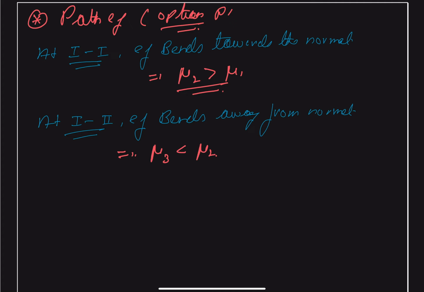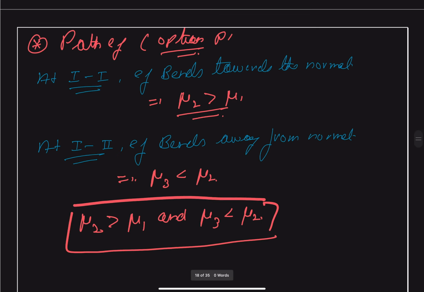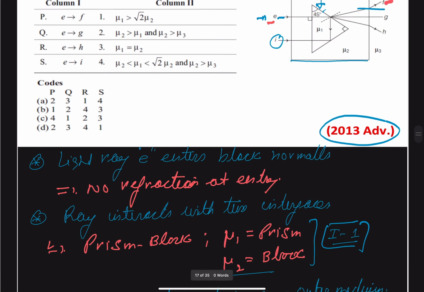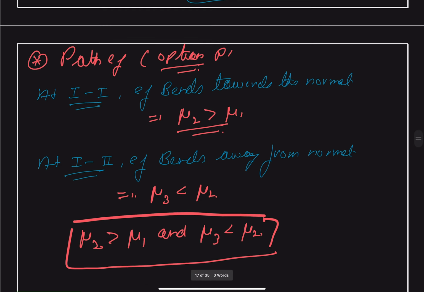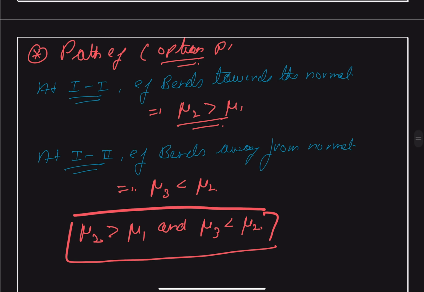Okay. So we can just write both these answers. So we can say our mu2 is greater than our mu1 and our mu3 is less than our mu2. Okay. So P is going to give us option number 2. So you can say P belongs to this. Now we come to the next ray, that is our Q option, that is of EG.